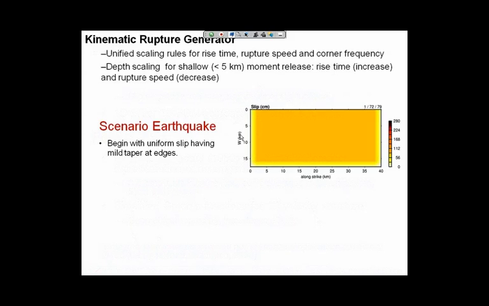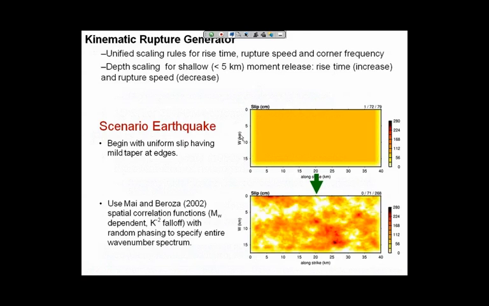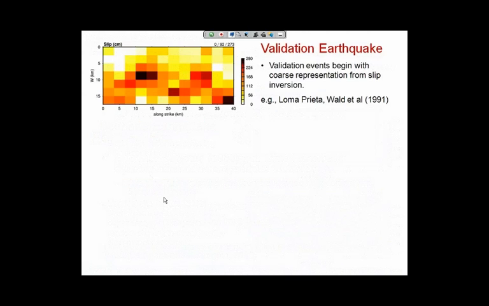Okay, and this is how this method generates kinematic ruptures, and this is a smooth rupture, and then I use some kind of random phase, and also K-squared, to generate this slip distribution on fault.